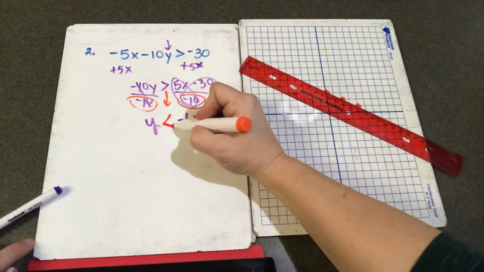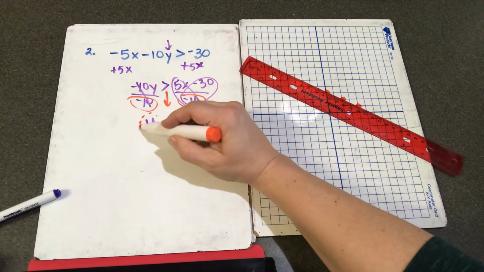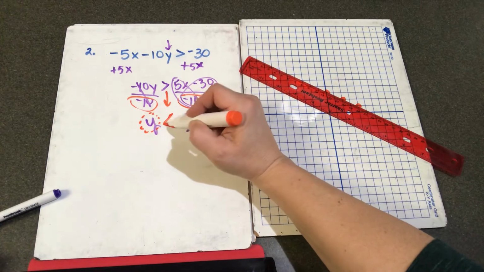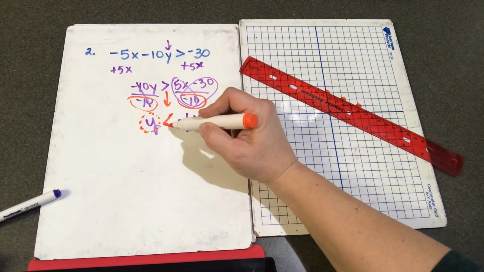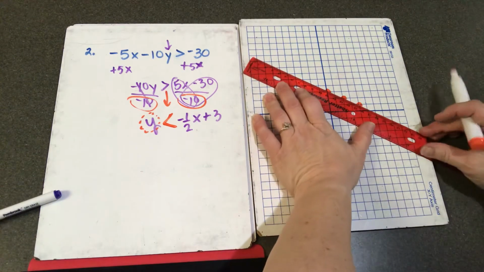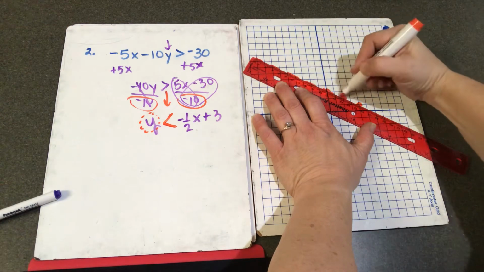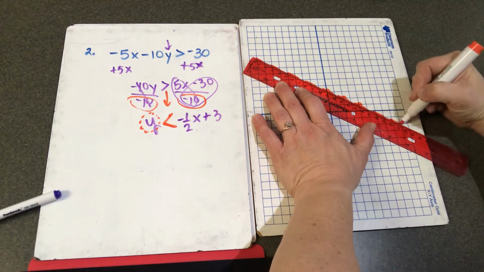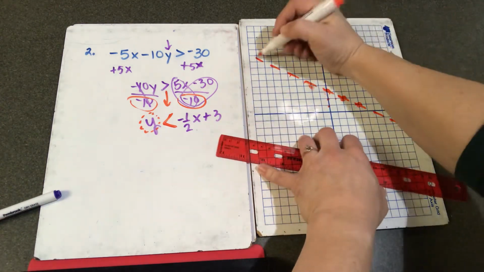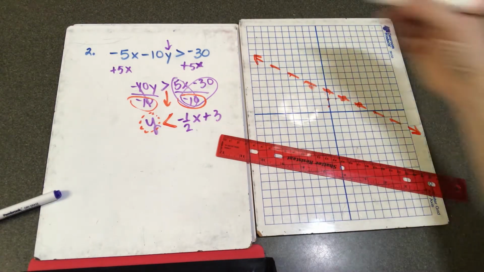However, this one is not allowed to be equal to the line. So we only need y values that are less than the line, not equal to. So remember how we did an open circle? Now we're going to do a dotted line to say this is our boundary. You can get as close to that line as you want to, but points on the line don't count.